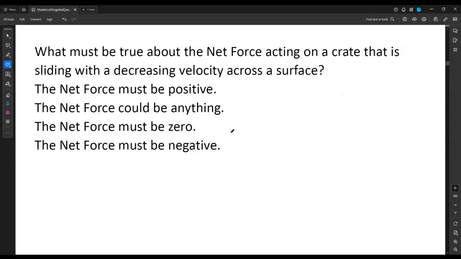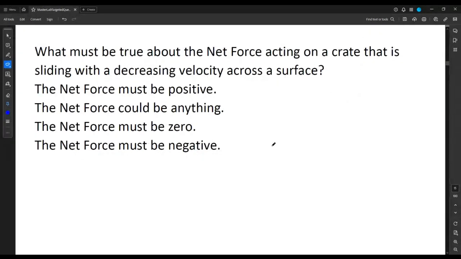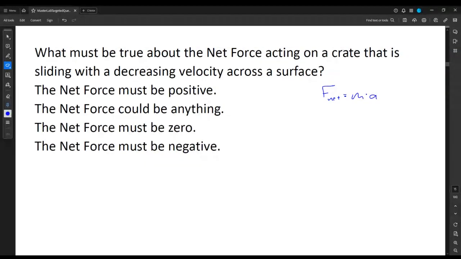Okay, then just to really drive in that point, we have this next question, which is similar. We don't have any real numbers for this. Nothing is given for us, but we can use these concepts and we can figure it out again. So net force from this version of Newton's second law is equal to mass times acceleration. Let's think about what this means.